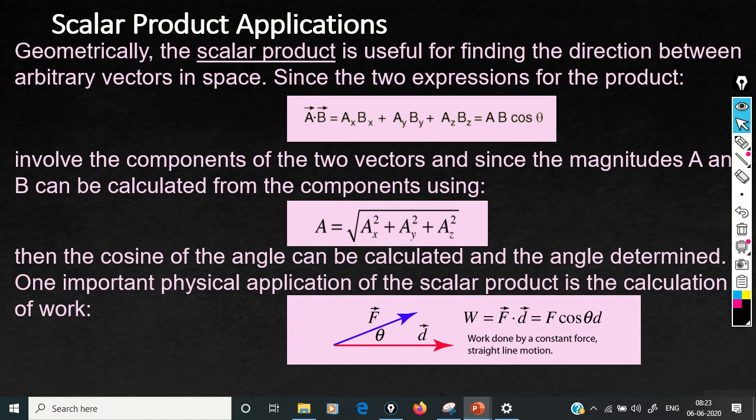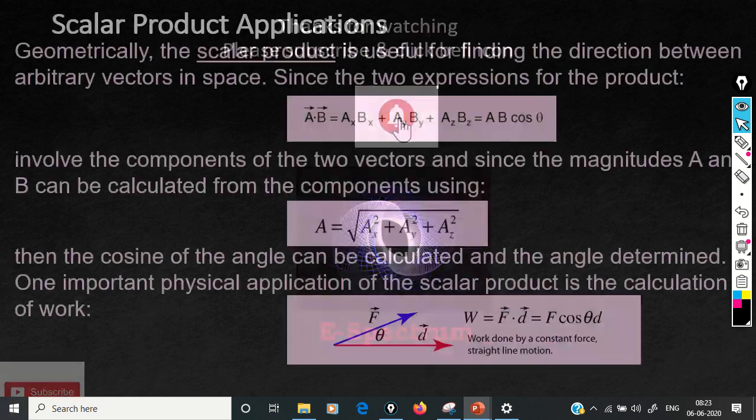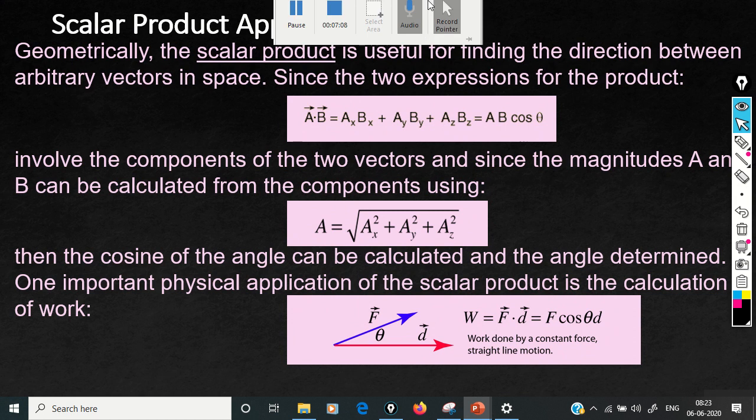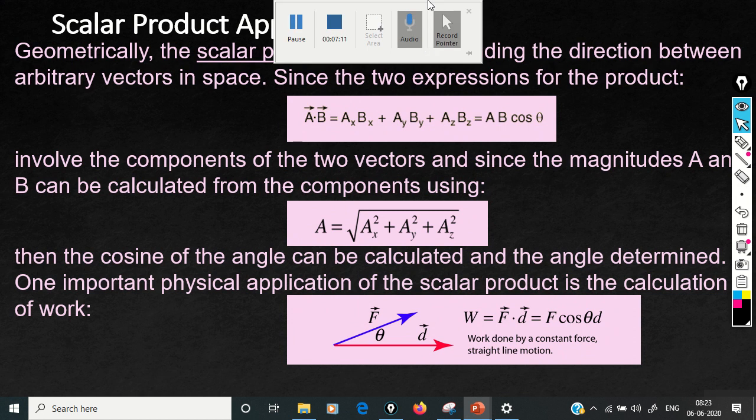And from this, if I take the inverse, I will get the angle between the two. Here the magnitude of the vectors is represented as the square root of ax square plus ay square plus az square. So I can calculate the cos from it.